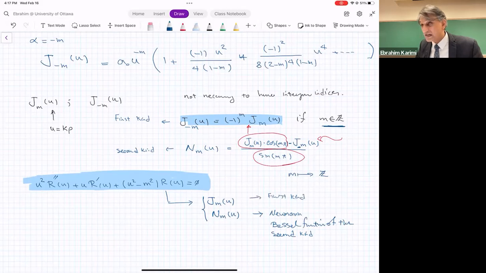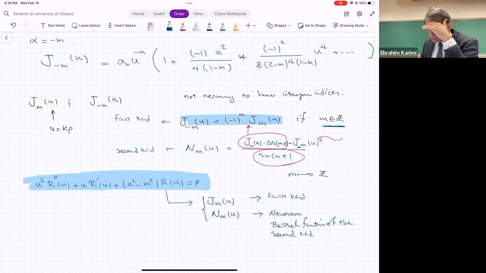They are independent solutions to the Bessel differential equation. You can just substitute it. You will see that Jm is a solution, J minus m also is a solution. The rest is just the constant coefficients that you do have, and it will be factored and it will be gone. All right.